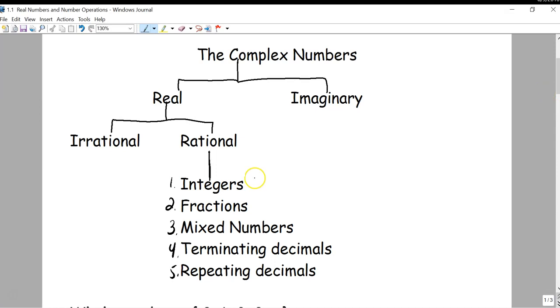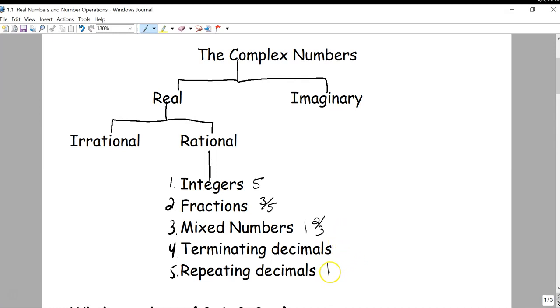An example of an integer would be something like 5. An example of a fraction would be something like 3/5. An example of a mixed number would be something like 1 2/3. If we write 1 2/3 as a decimal, that would be a repeating decimal.